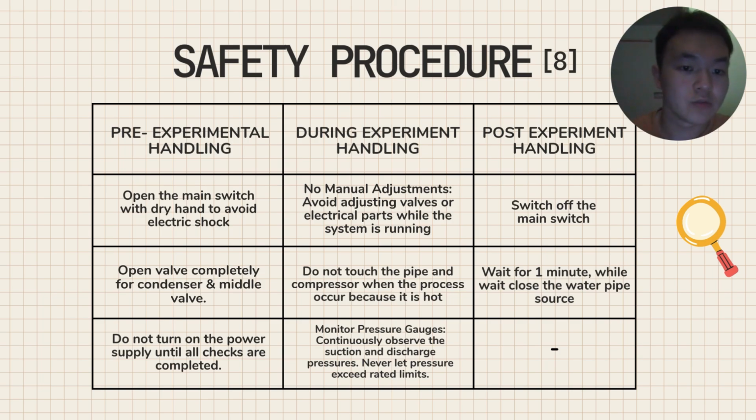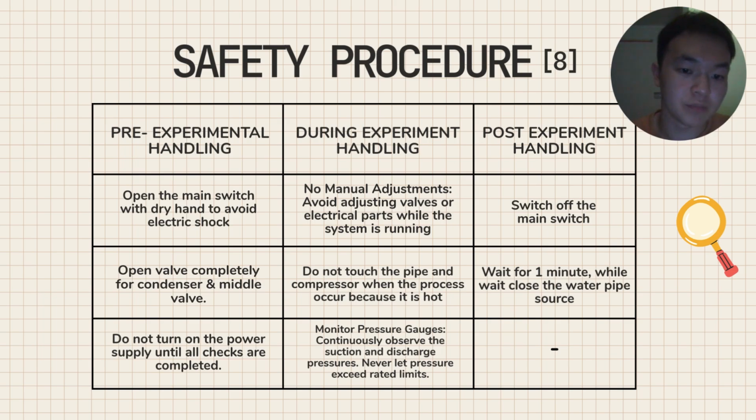And during the experimental handling, avoid any manual adjustment, such as adjusting valves or electrical parts while the system is running. It might cause some dangerous connection faults. Also, do not touch the pipe and compressor while the process occurs, because they are very hot, which might hurt our skin.